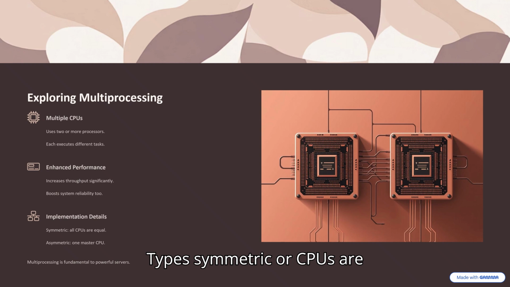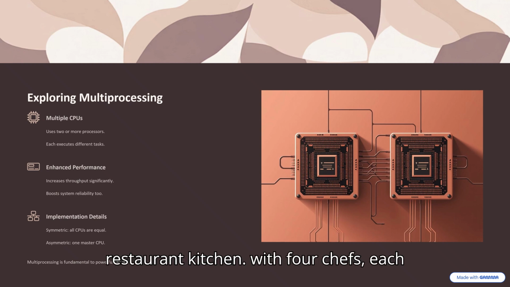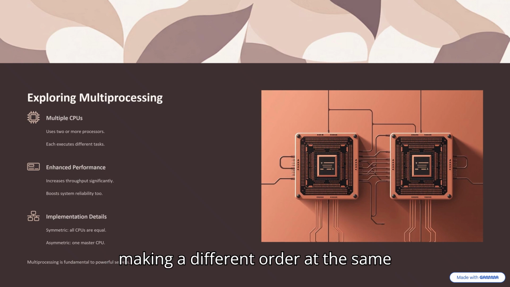Types: first, symmetric, where all CPUs are equal. And second, asymmetric, where one main CPU assigns tasks to the others. For example, consider a restaurant kitchen with four chefs, each making a different order at the same time. The result is a fast service which everyone can enjoy.